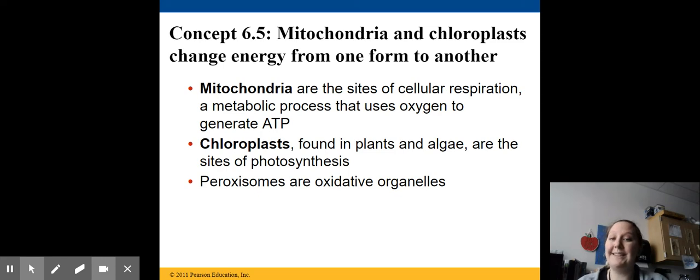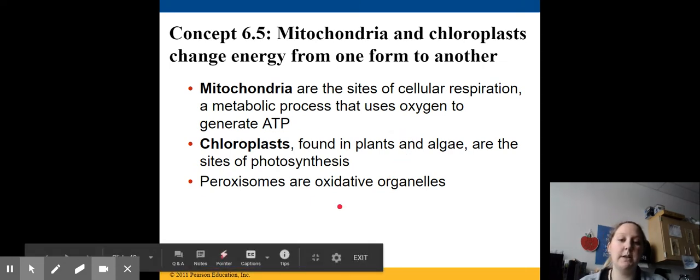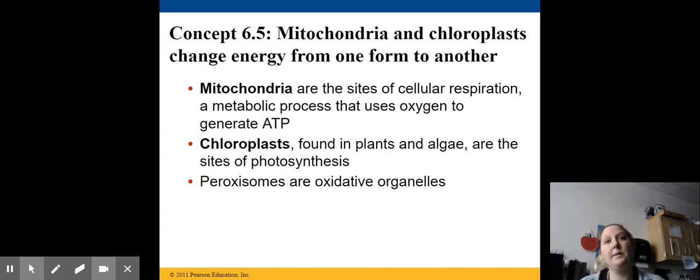Chloroplasts, which are found in plants and algae, are the site of photosynthesis, the process of taking in sunlight to produce sugar-type molecules. Then we have peroxisomes, which are oxidative organelles. Both cellular respiration and chloroplasts involve oxidation-reduction reactions, so the peroxisomes really do help with that process.